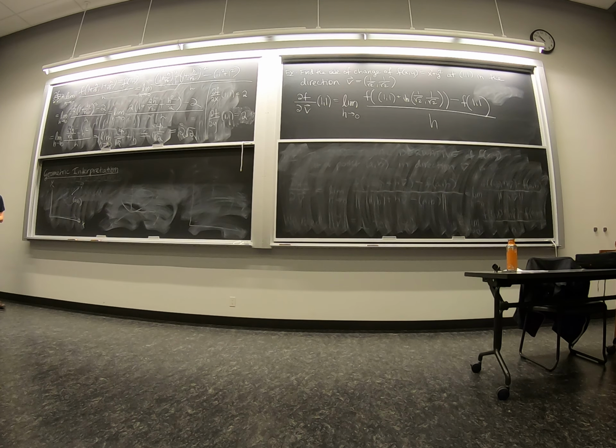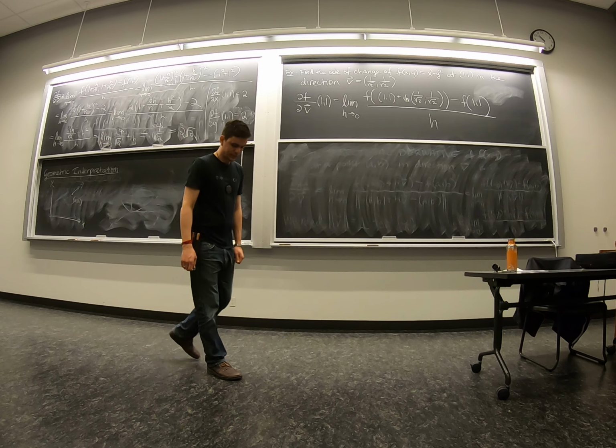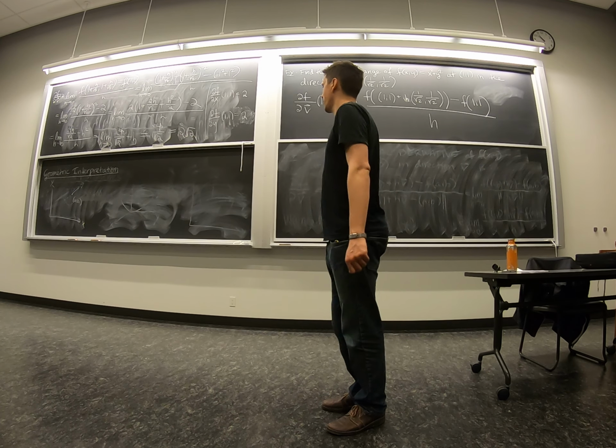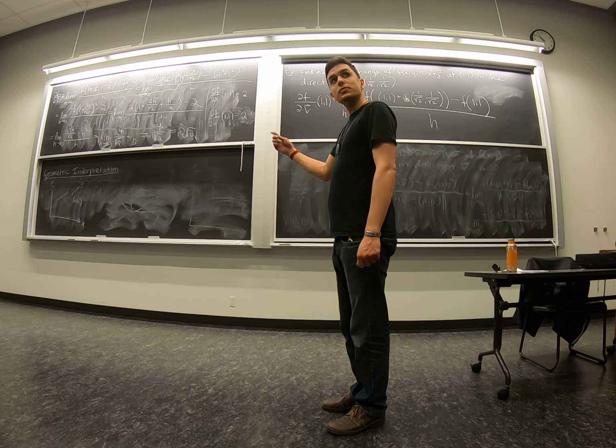Right? So we fix a point in space, and then we walk through that point in direction v. Okay? So there's a parameterized path.